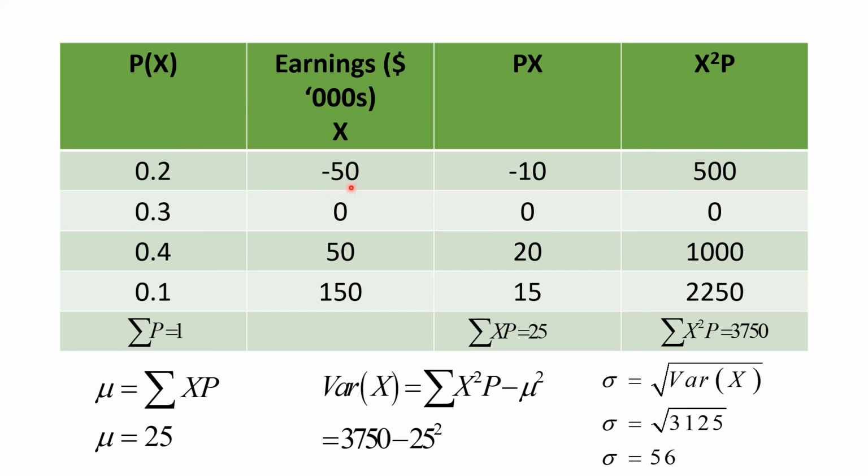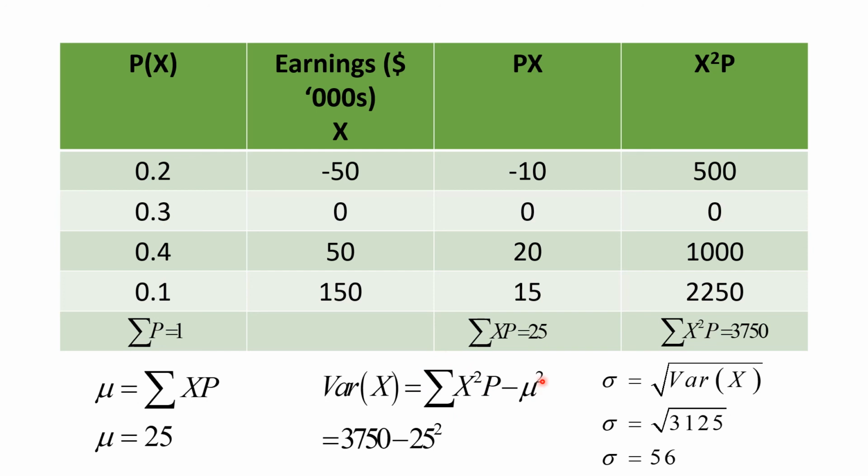So it's negative 50 squared multiplied by 0.2. Same goes for 0.3 times 0 squared, 0.4 times 50 squared, 0.1 times 150 squared. You obtain this column. Then you find the sum of p times x squared, which is 3750. So you have obtained this part of the variance formula.